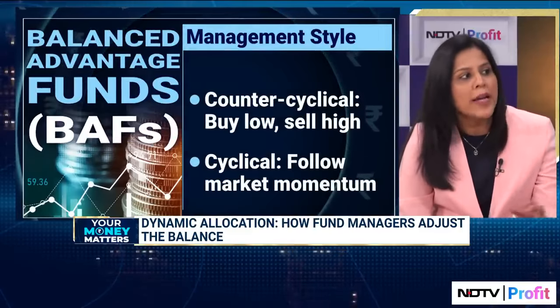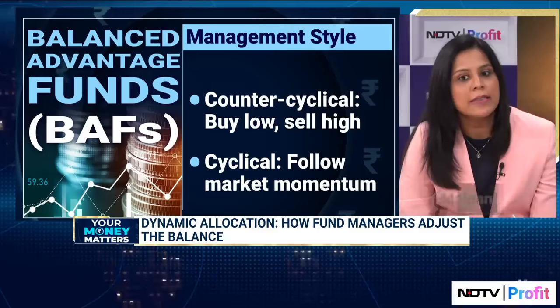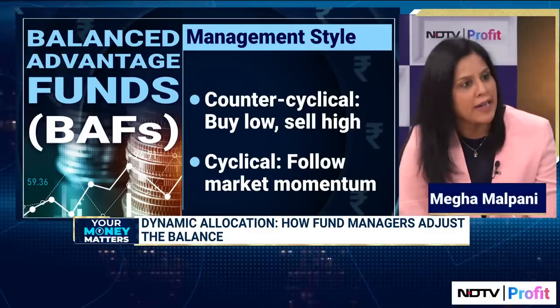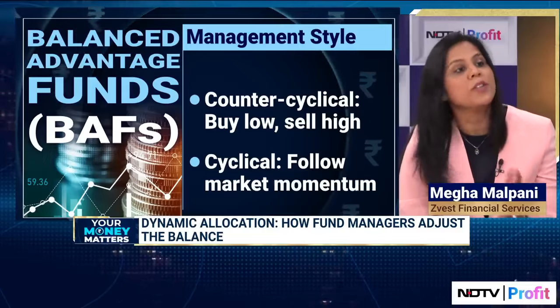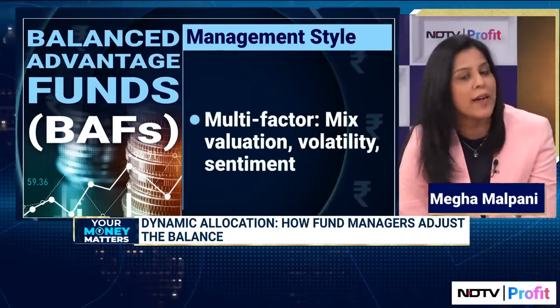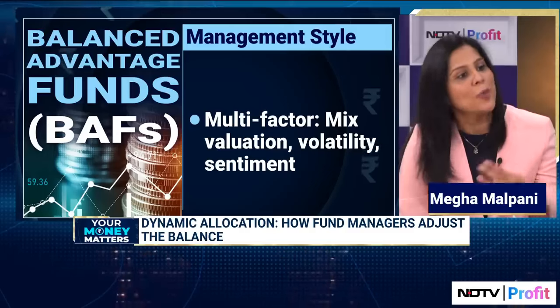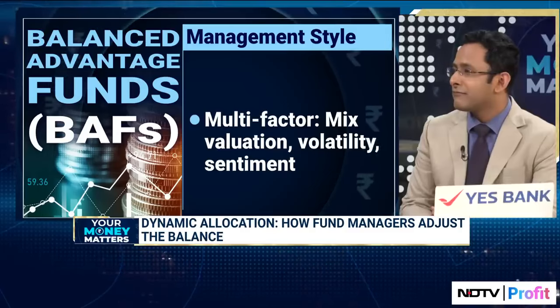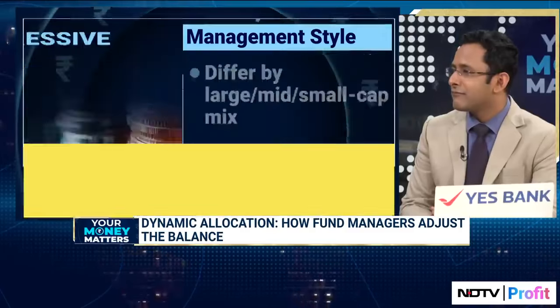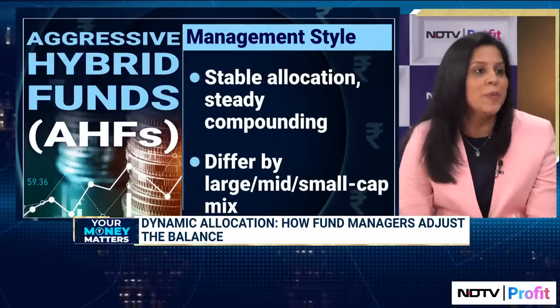A point I would also like to mention, Alex, is that especially in the hybrid category, it is also important to evaluate the quality of debt in the mutual fund, because if it is compromised there, it can get you an alpha, but it will come with an added risk. And unlike equity, the loss on the credit side could be a permanent loss.